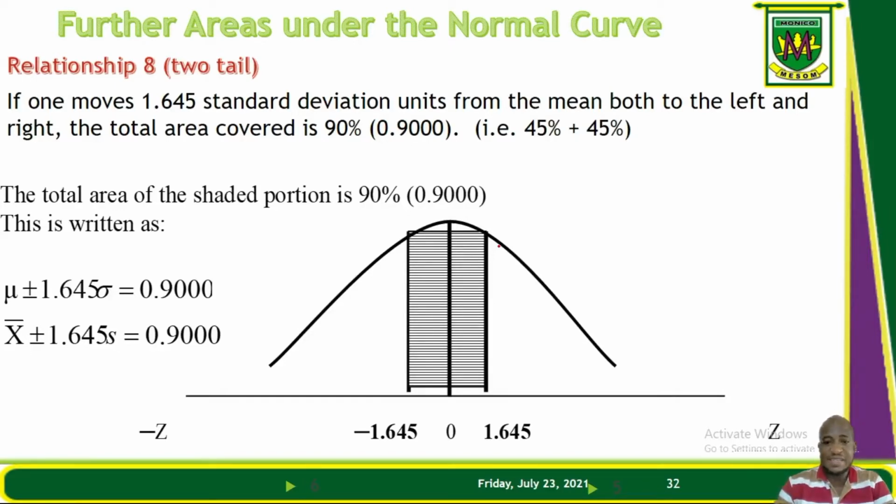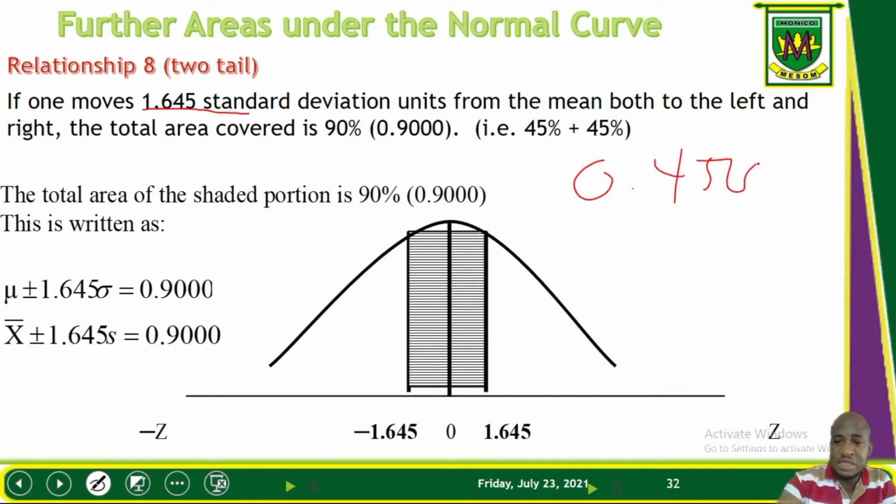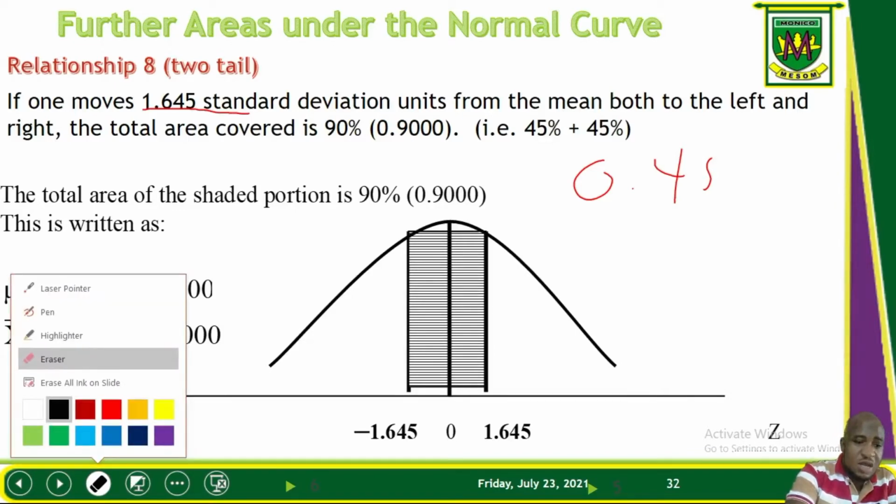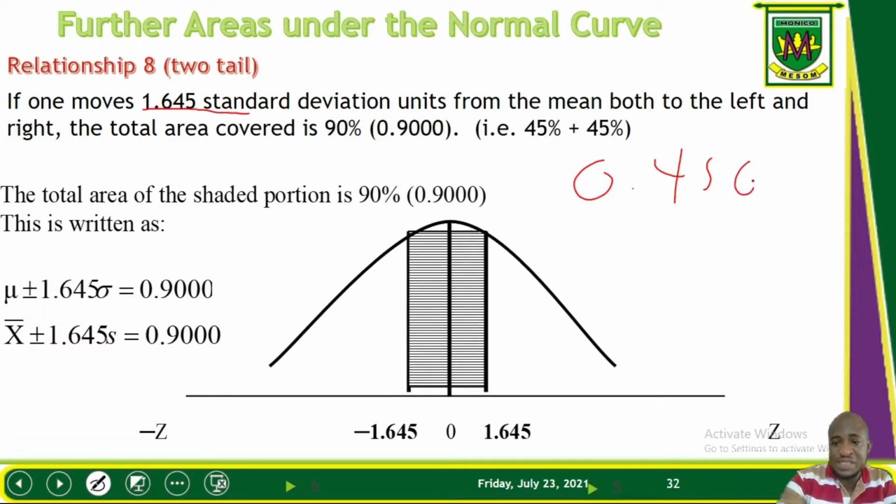So since the one-tailed for movements of 1.645 standard deviation units led us to 0.4500, I mean, the value we obtained was 0.4500 after doing the splitting and adding and dividing. You have to add the number to itself.